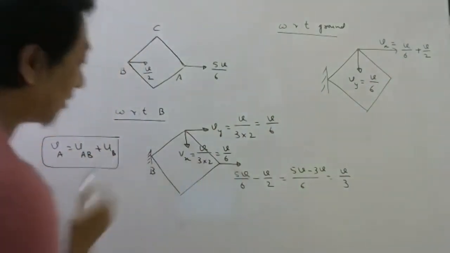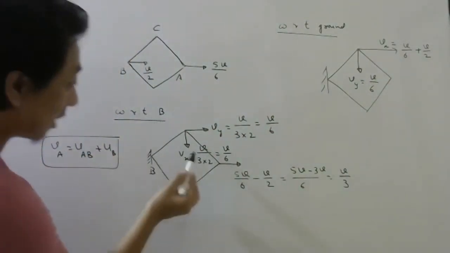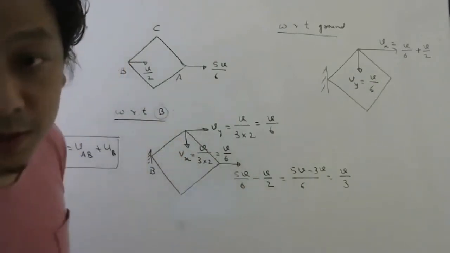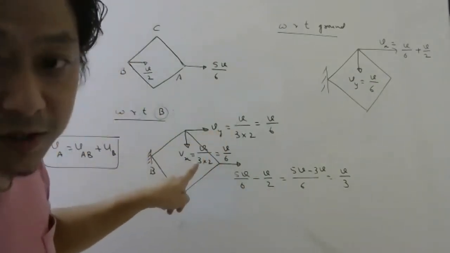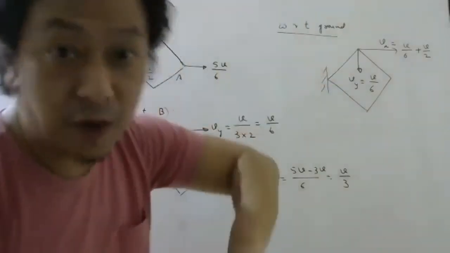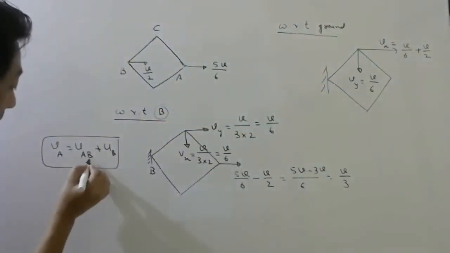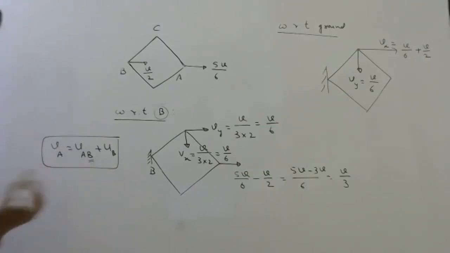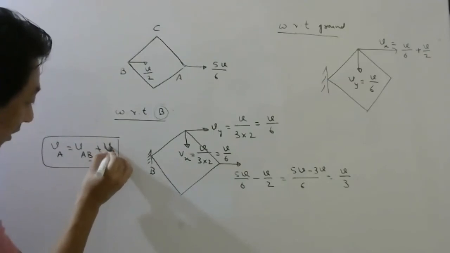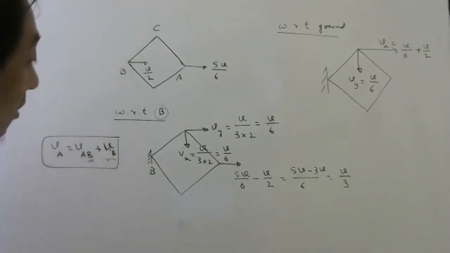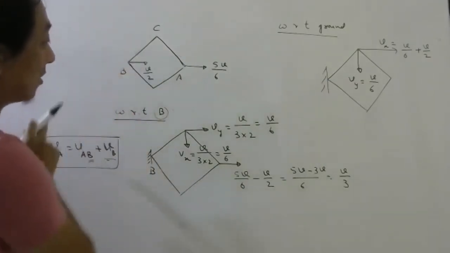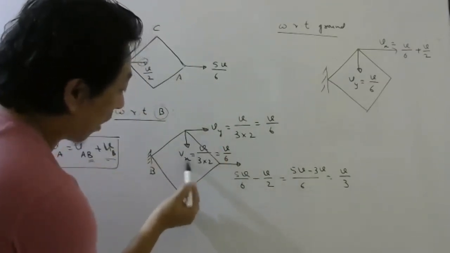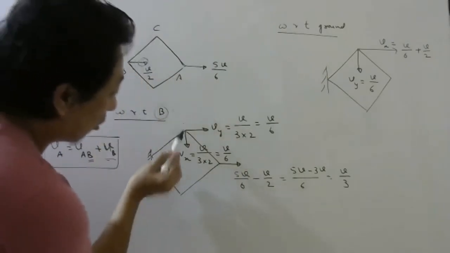Why is this unchanged? Please understand, these are velocities with respect to B. Now you want to go with respect to ground. So when you want to go from with respect to B to with respect to ground, you have to add velocity of B. That is the formula. So velocity of B is along the x-axis. So you have to add this velocity to these two. But this is along the y-axis, so this will have no component along the y-axis.